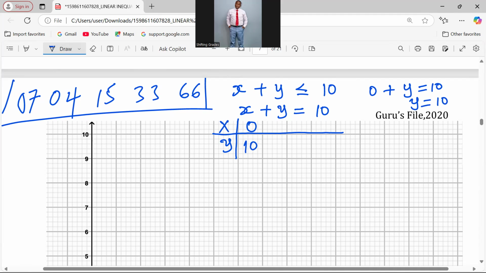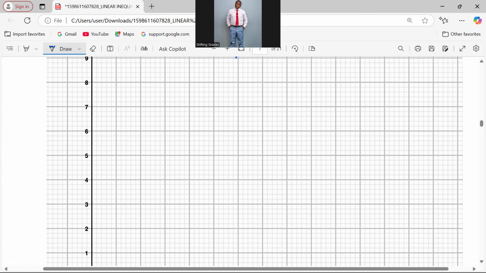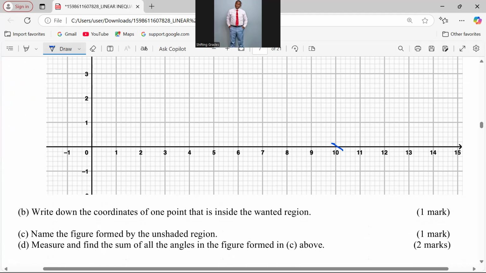Then again, when y is 0, we can get the value of x. Again, x plus 0 equals 10, so x equals 10. Therefore, we can use these intercepts, 0, 10 and 10, 0. Those are the coordinates we are going to draw.